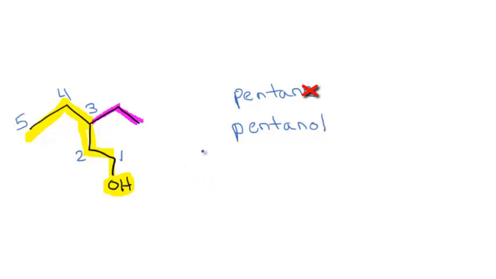So the name of this compound will start with 3-ethyl. And now I continue on into the parent name. Again, no need for the 1 in front, and say pentanol. So the name of this compound is 3-ethyl pentanol.